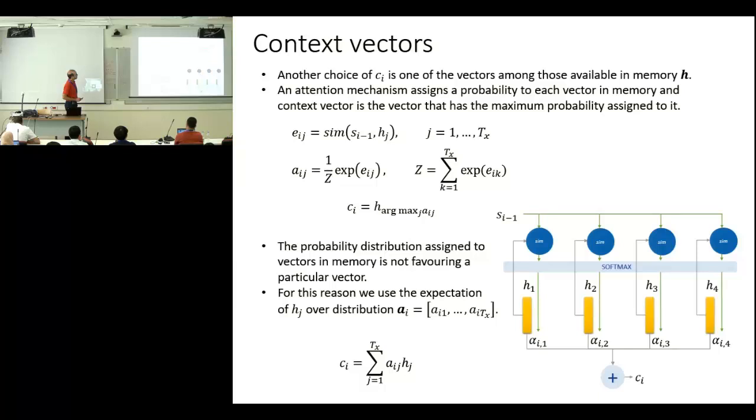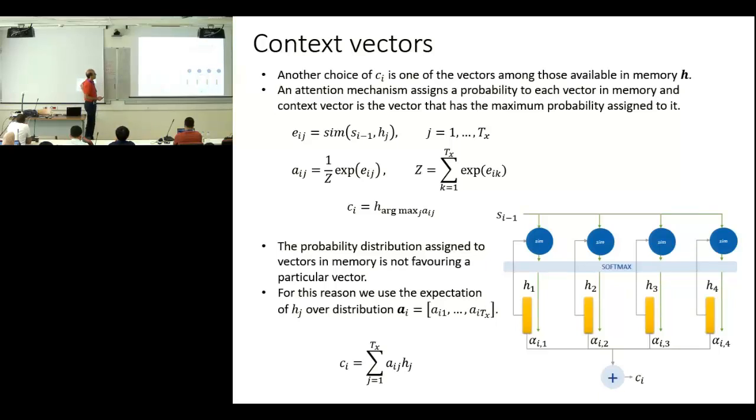It can be, for example, we calculate the similarity between the hidden state of the decoder and each one of the hidden states of the encoder, and we calculate these values here. The j runs from 1 to the number of input size of the encoder. And then we pass these similarity values through the softmax and calculate probabilities.